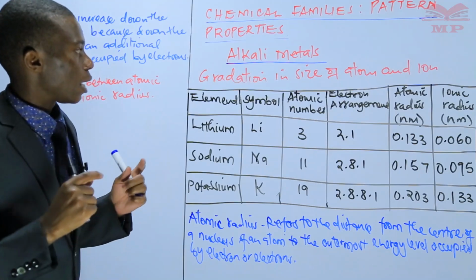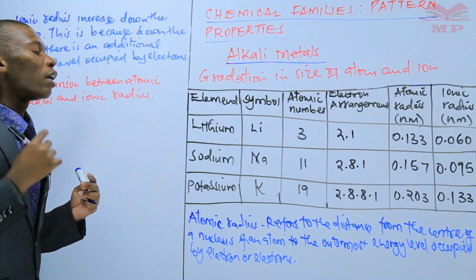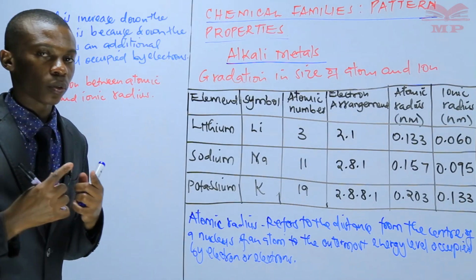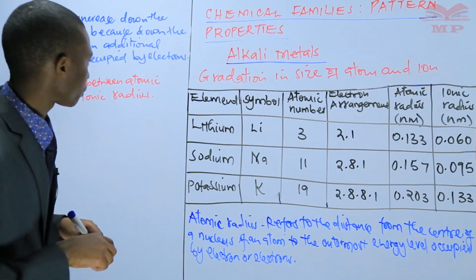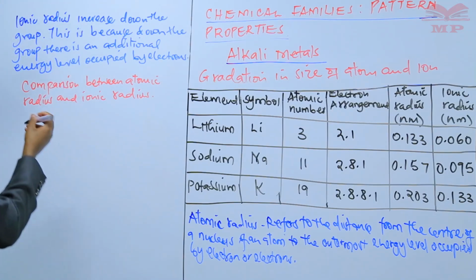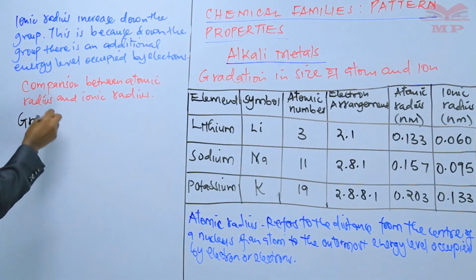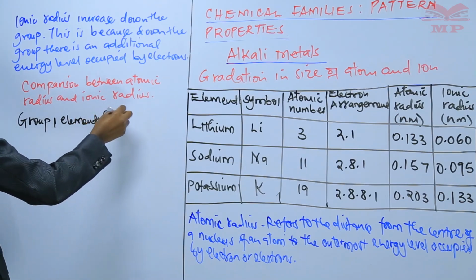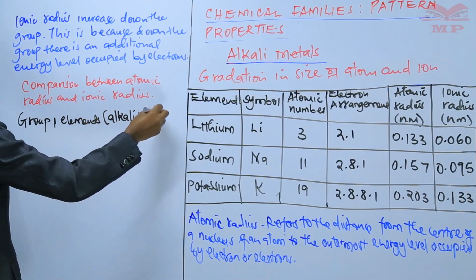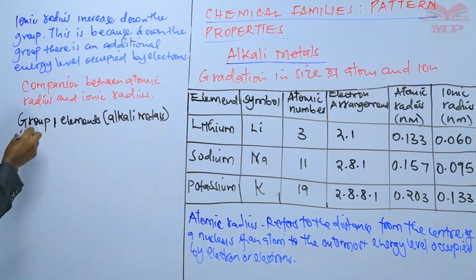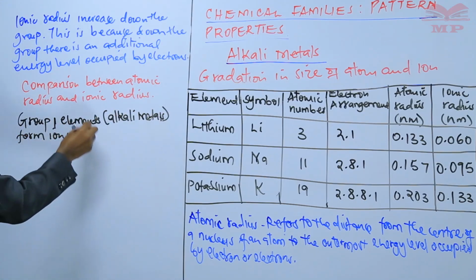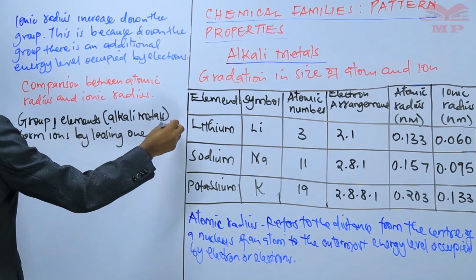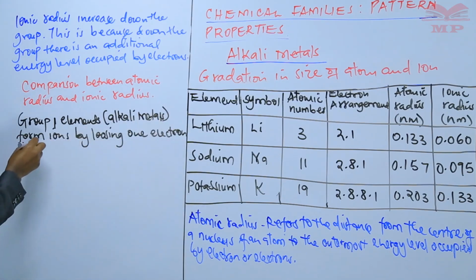And the reason is that group 1 elements, which we are calling alkali metals, form ions by losing one electron from the outermost energy level.